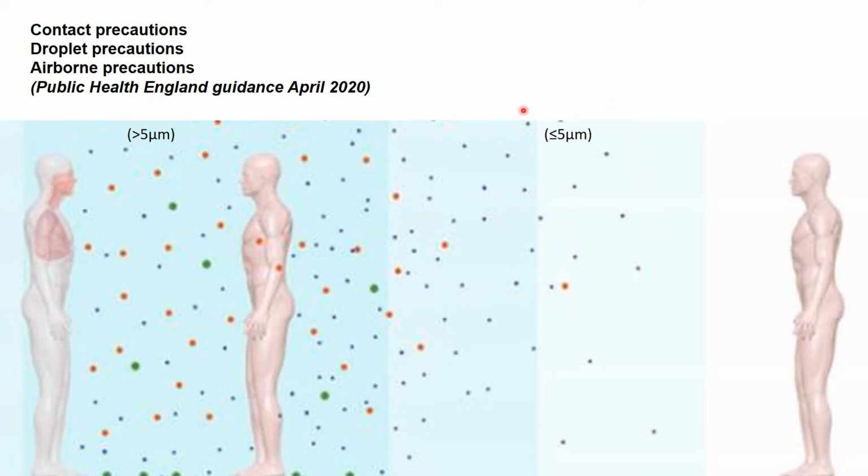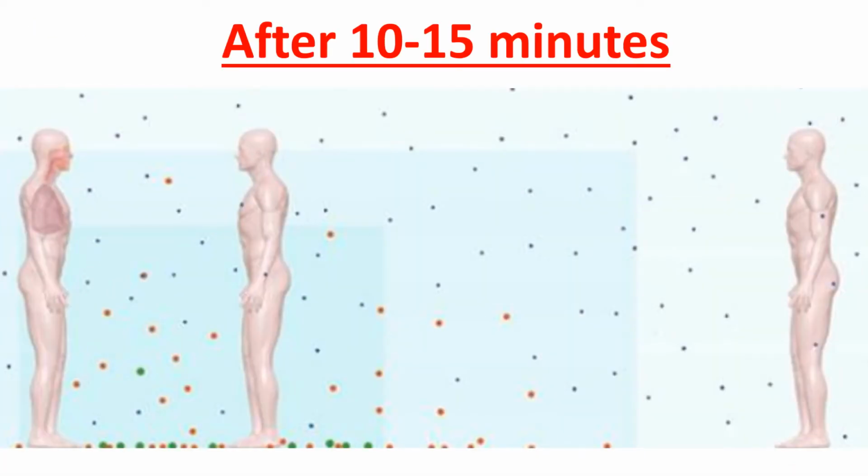The lighter droplets will be airborne to reach the very remote patients or escorters later on. So after 10 to 15 minutes, we will see that the dental office is fully infected and the surfaces are contaminated.